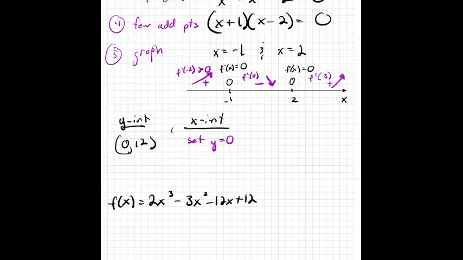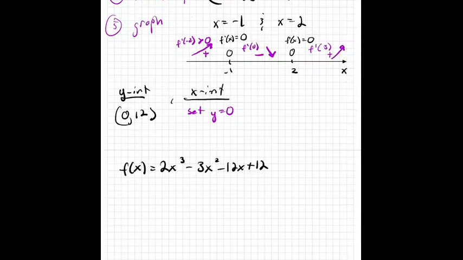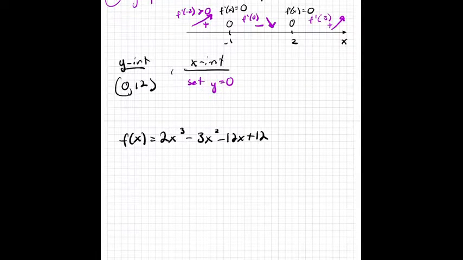Okay, so let's see, can we factor this? We have 2x cubed minus 3x squared minus 12x plus 12, and we're going to set it equal to 0. Since we have four terms, I'm going to try factoring by grouping. If I look at the first two, what do they have in common?